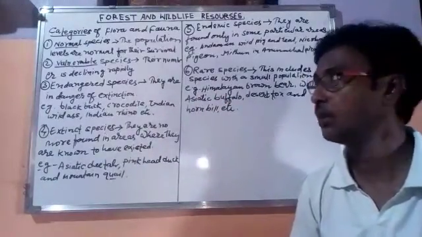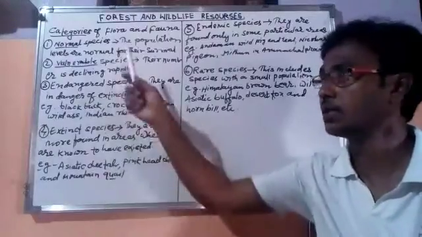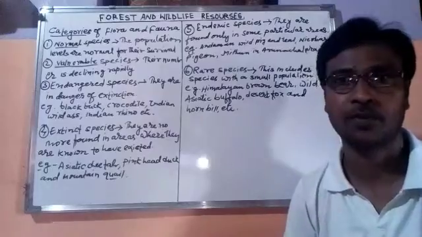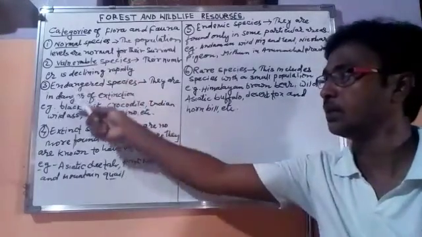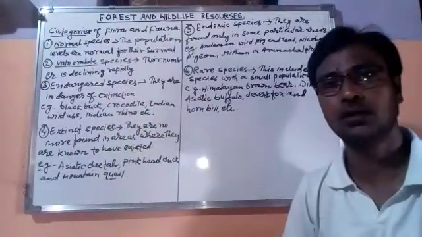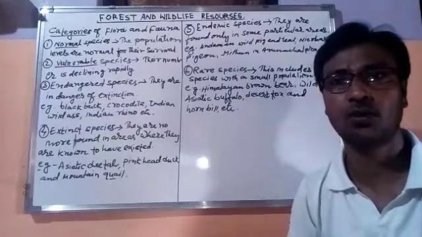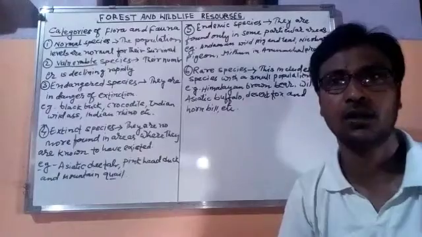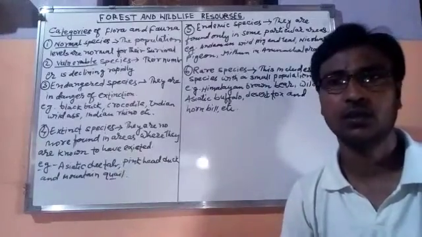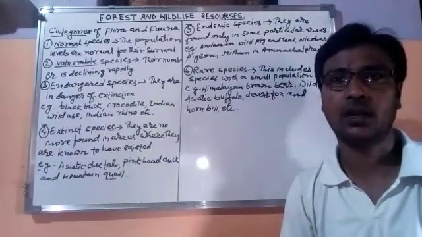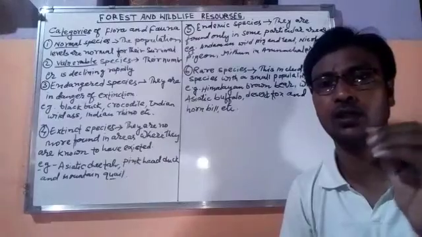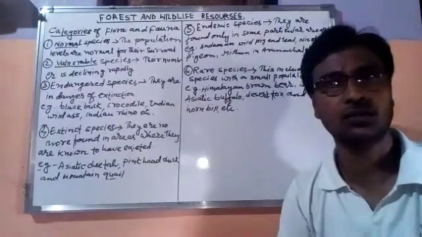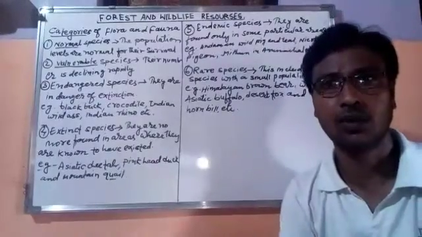So students, we have discussed the different categories of flora and fauna. As you can understand from the list, most of the flora and fauna are in the list of endangered, vulnerable or extinct. As I have told you, they are very important for our ecosystem and for our survival.